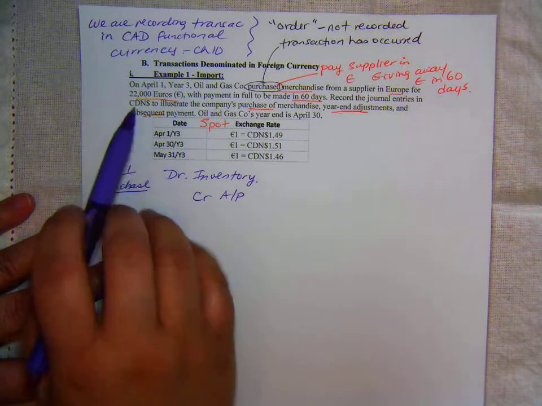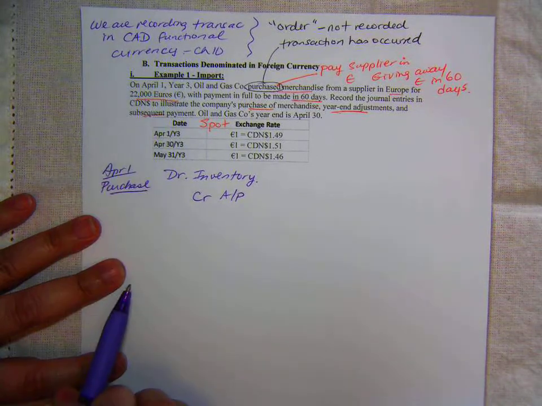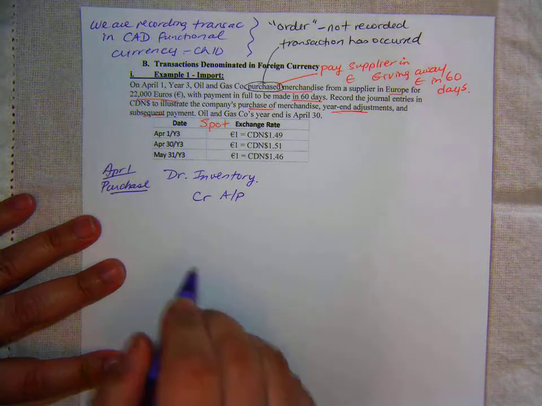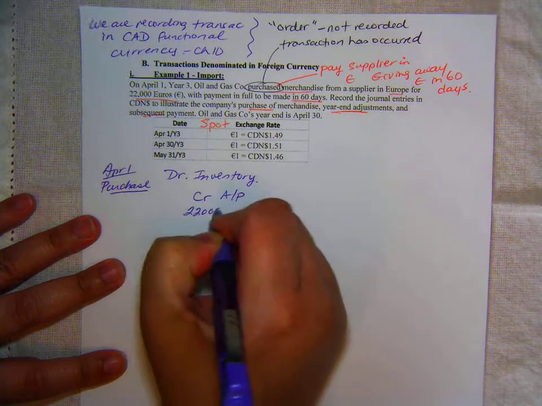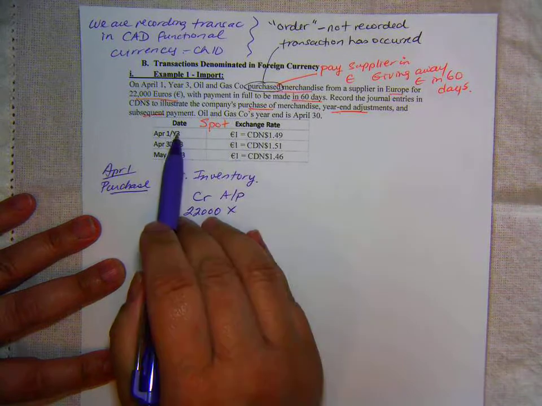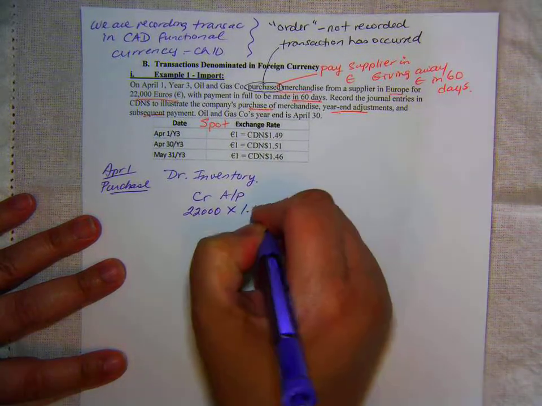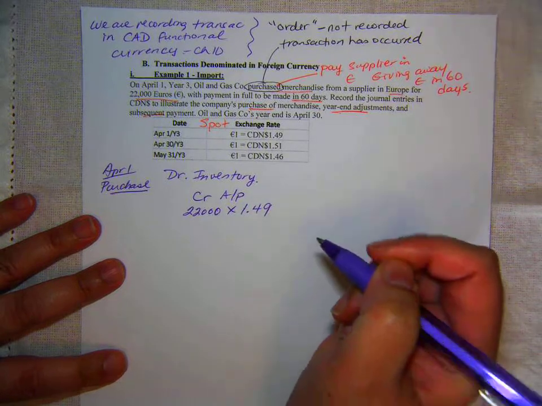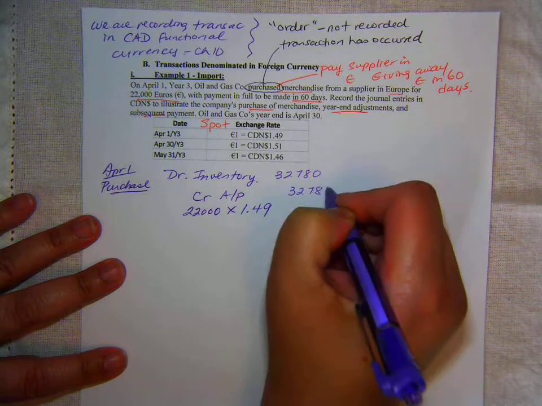So we can't put 22,000 down because that's in euros and our books are in Canadian dollars. So we're going to have to convert it. 22,000 times the conversion rate today on April 1st is $1.49. So that works out to 32,780.